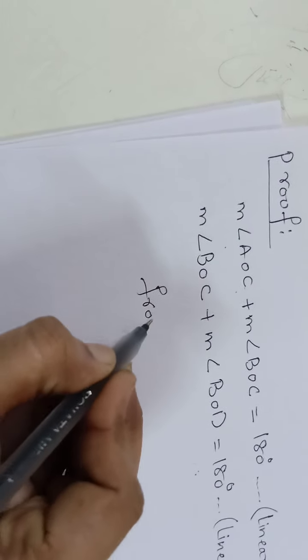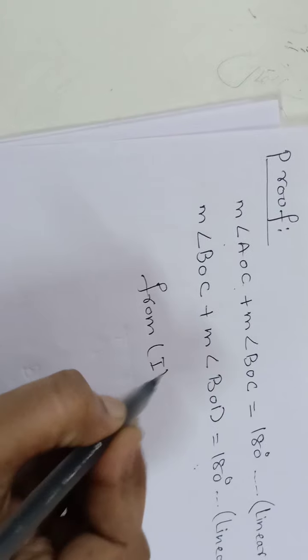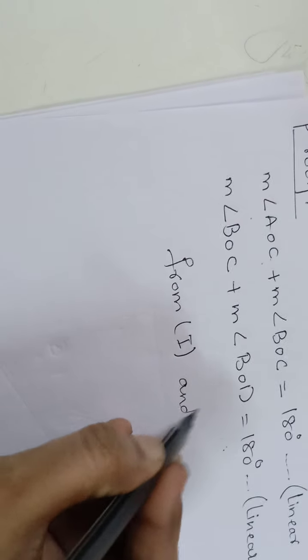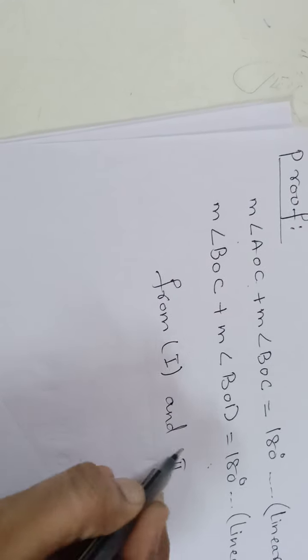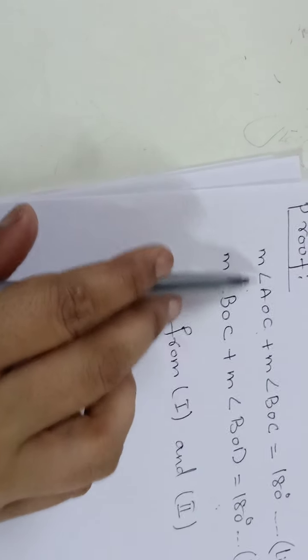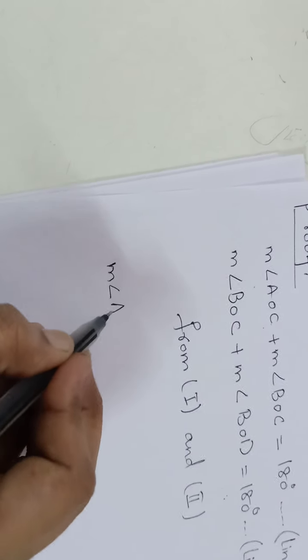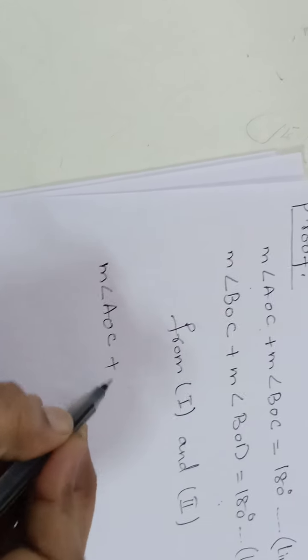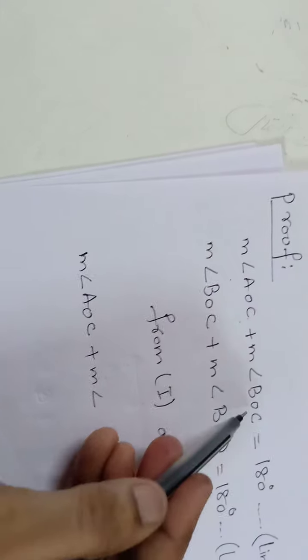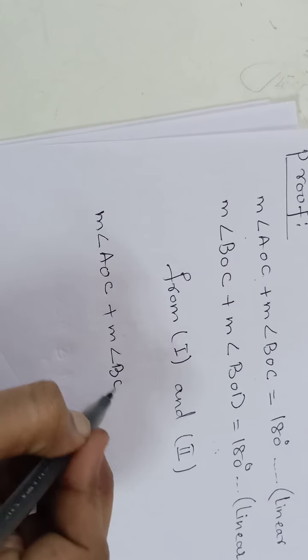So we can write here, from equation 1 and 2, what is the left hand side of equation 1? This one. From here till here, this is the left hand side. So measure of angle AOC plus measure of angle BOC.